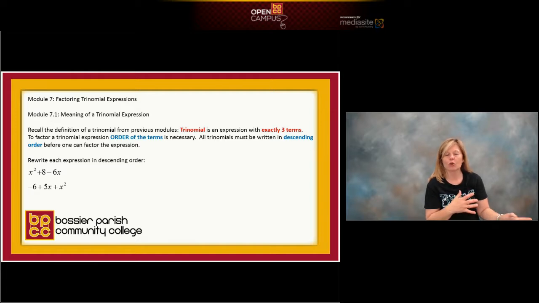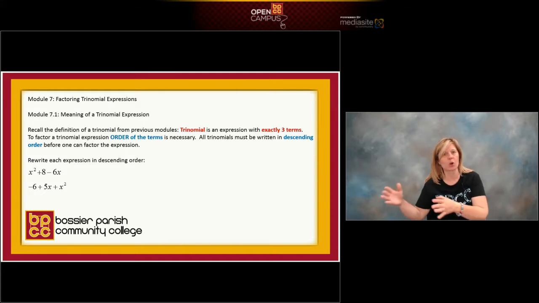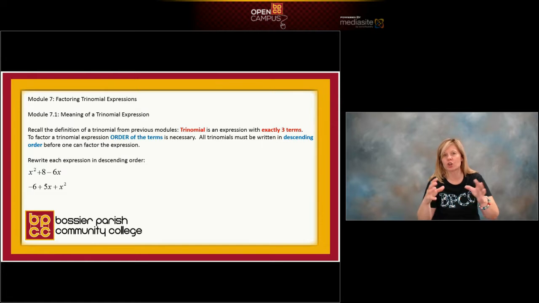When we did grouping and GCF a minute ago, using those rules of factoring, it doesn't matter what order the terms are listed in because you're just looking for what they have in common. So when we do the GCF rule and the grouping rule, it doesn't matter what term is first, second, third, whatever. But now that we're going to learn how to do the trinomial rule, the most important thing we need to understand is the terms have to be written in the correct descending order to even apply the rule.